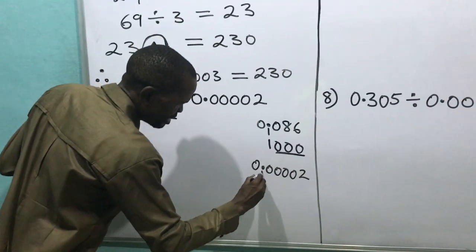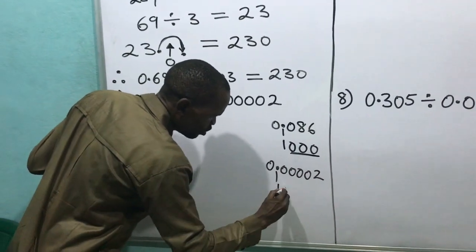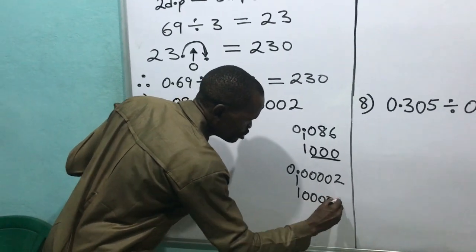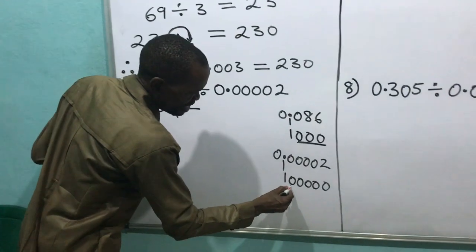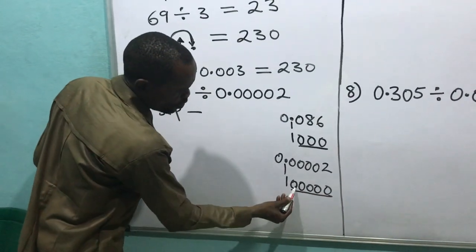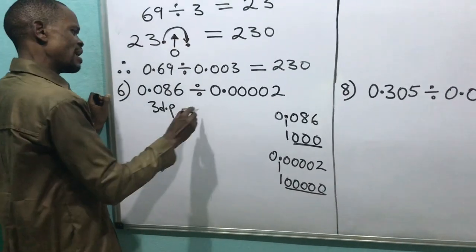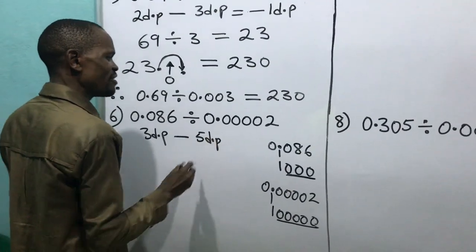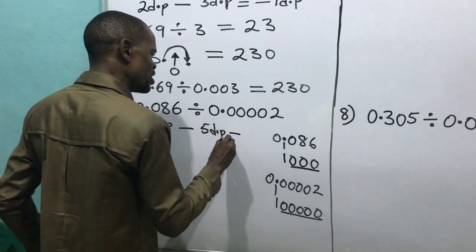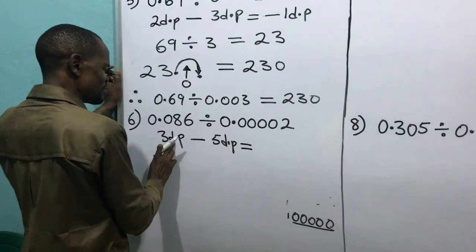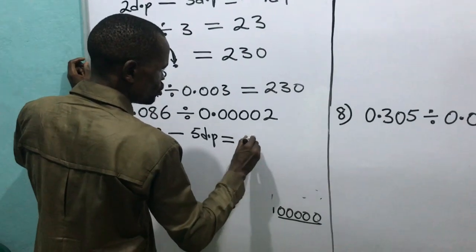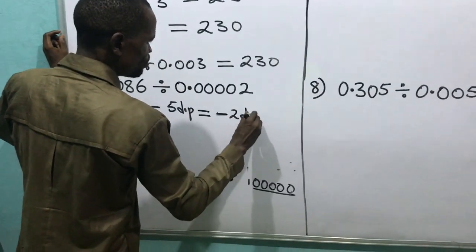That means this one now represents 1, and after that others will be represented by 0. How many 0s do I have here? 4 and 2, 1, 2, 3, 4, 5. That means it has 5 decimal places. So 3 decimal places minus 5 decimal places will give me minus 2 decimal places.